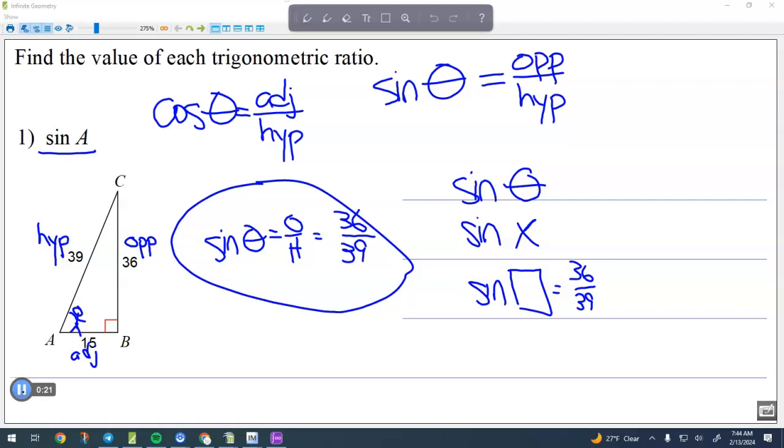Yeah. Hypotenuse is always across from the right angle, so it's always the longest. Any other questions on one?